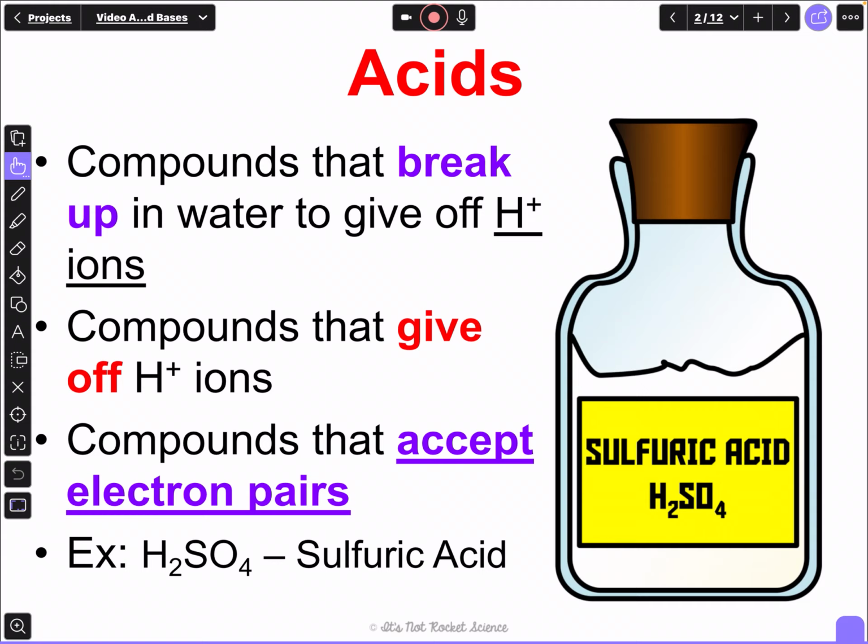Alright, so acids. I know you've all heard of acids before, and what they actually are is compounds that break up in water to give off H plus ions. Now, what is an H plus ion? I would write this in, those are hydrogen ions.